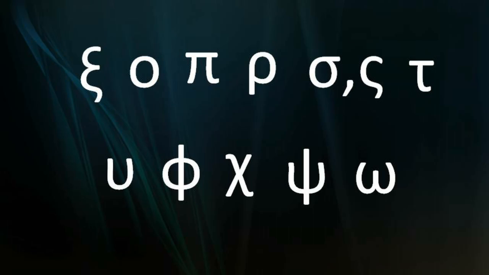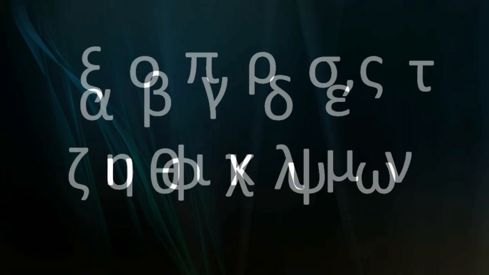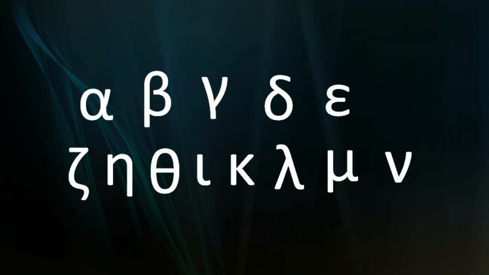Now, we're going to do it. I'm going to do this slide, and you're going to repeat it, and then I'm going to do the next slide, you repeat, and then I'll do the 2 slides, and I'll let you repeat. All right, let's start with this slide. Alpha, beta, gamma, delta, epsilon, zeta, eta, theta, iota, kappa, lambda, mu, nu.